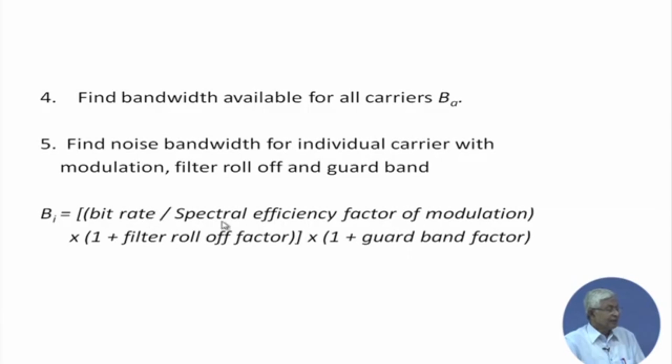It is the bit rate divided by the spectral efficiency factor of the modulation you have used, and then the whole thing is multiplied by 1 plus the roll off factor of the filter; that much it will increase the bandwidth. Then between two carriers you put an extra band of frequency, which in terms of percentage of the total can be called the guard band factor. So, 1 plus guard band factor, that is the individual noise bandwidth of the total thing.